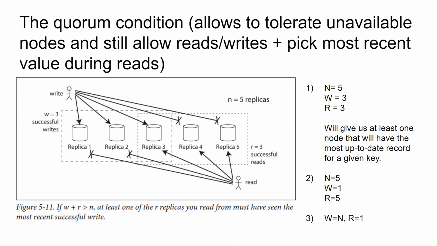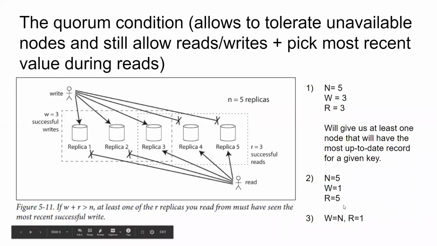If you have a lot of writes, then you would want W to be lower so that your system is available. If you have a lot of reads, then you will want R to be lower so that your reads are always available. Can you elaborate?